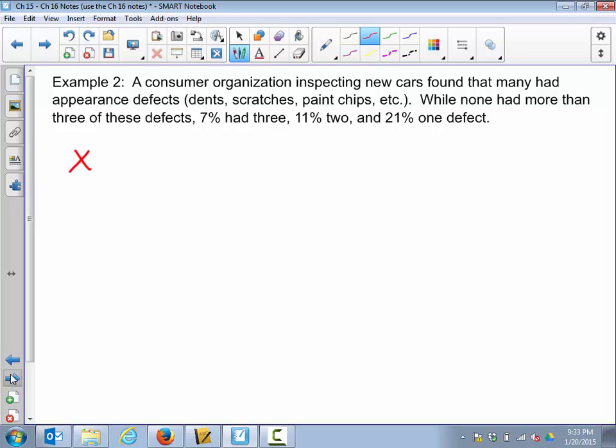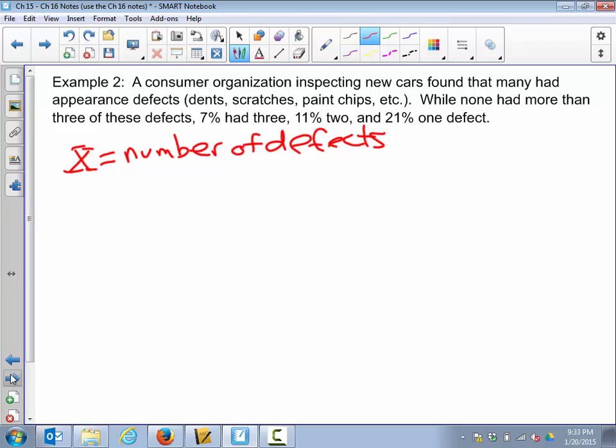Okay, so let's go ahead and set up a random variable to represent what's going on. X can be equal to the number of defects on a given car. This probability model can be represented in one of a few different ways.